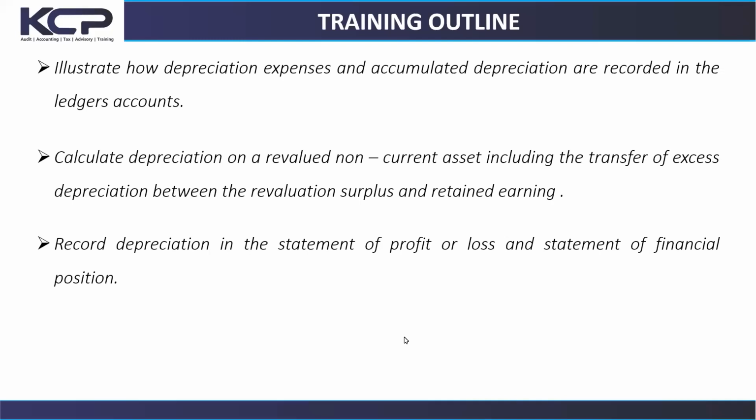So the depreciation value will be 250,000, after the cost has been added to the revaluation gain. So the total revalued amount will be 1,750,000. If you divide that by 7 years, the depreciation for that year is 250,000, and the next carrying amount is 1.5 million.